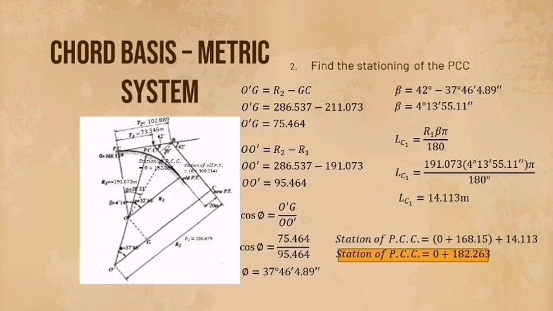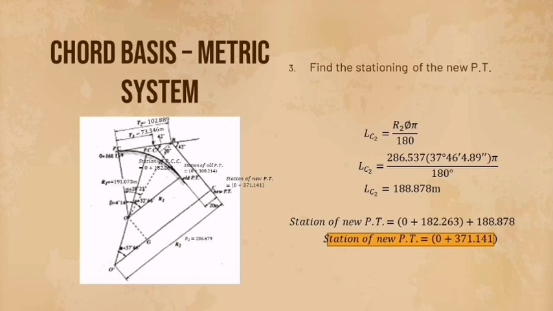And the stationing of the PCC equals 0 plus 168.15 plus 14.113. After we compute them, we will get the station of PCC equals 0 plus 182.263. And for number 3 of the chord basis metric system, find the stationing of the new PT.